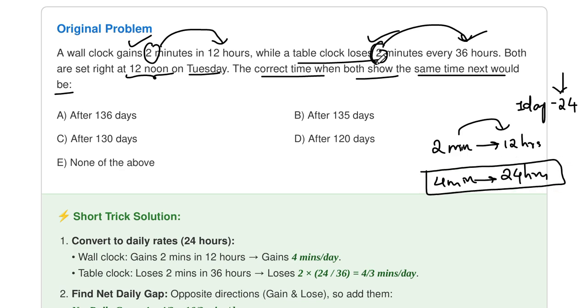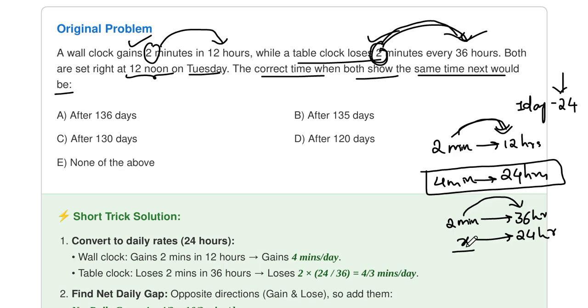Now the second clock loses 2 minutes in every 36 hours. But we want the gap in one day, that means 24 hours. So how many minutes in 24 hours, that we have to find out. For the first clock, we converted 2 minutes in 12 hours, so it is direct, 4 minutes in 24 hours. But in the second clock it is given 2 minutes in 36 hours.